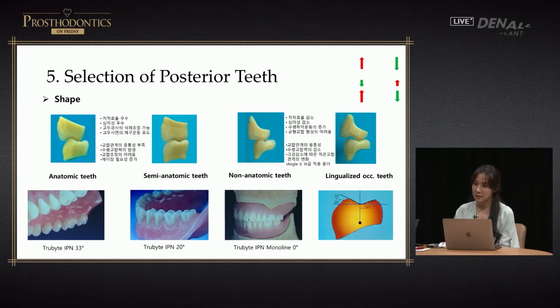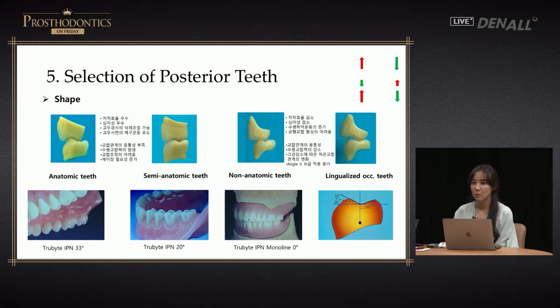But its advantage is the disadvantage of anatomic teeth: flexible occlusal relationship and low horizontal occlusal force because of low cusps. Less occlusal changes, and this can be easily applied to class 2 or 3.